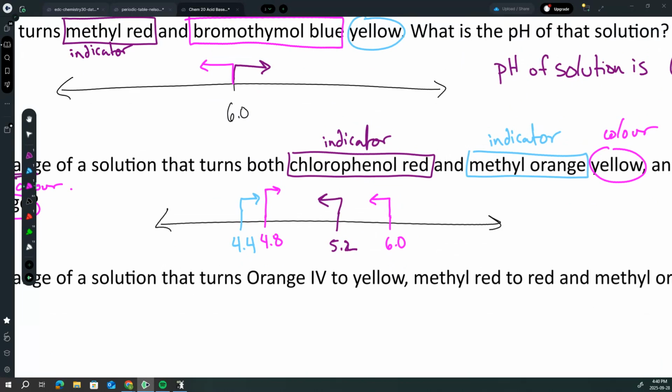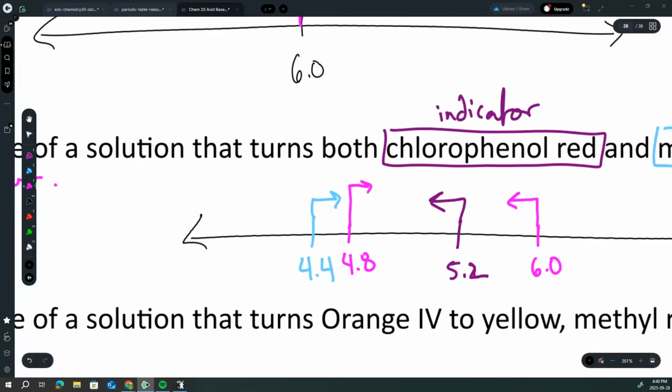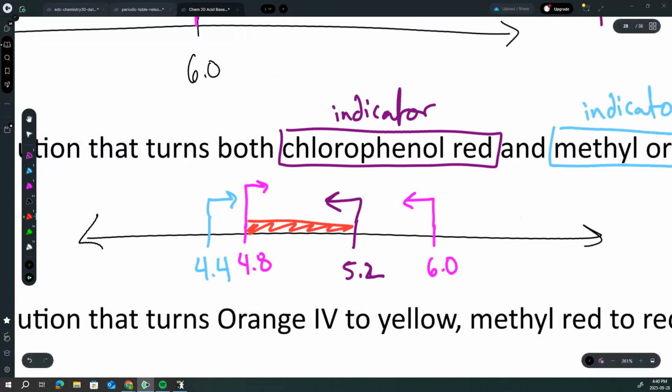This is why I said one of the methods you can use to figure out the pH is to look for the two arrows that are closest together and pointing towards each other. So our indicator range is right in here, between 4.8 and 5.2, because those are the two closest arrows pointing towards each other.